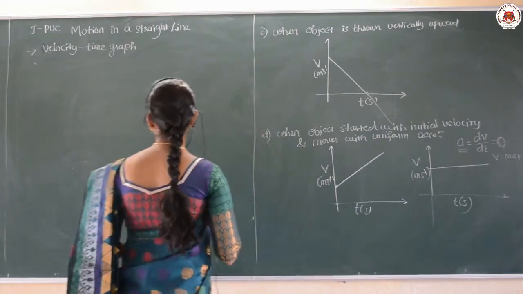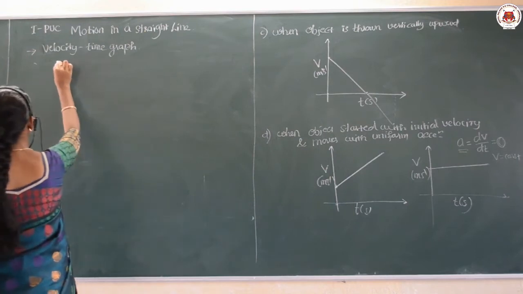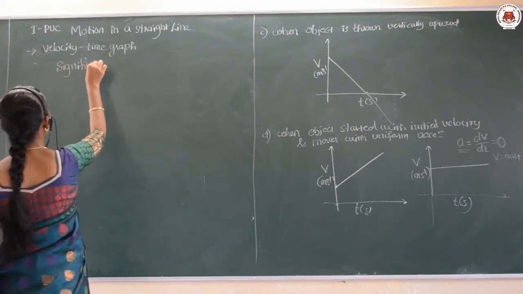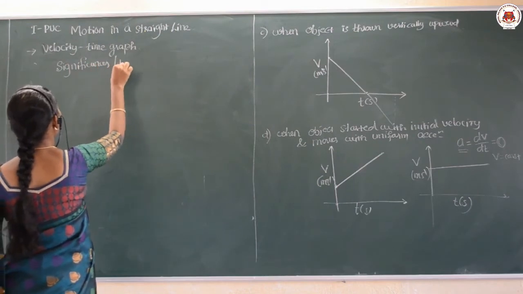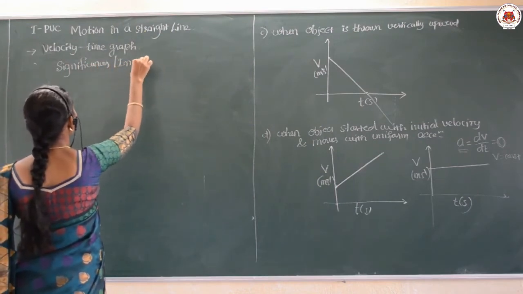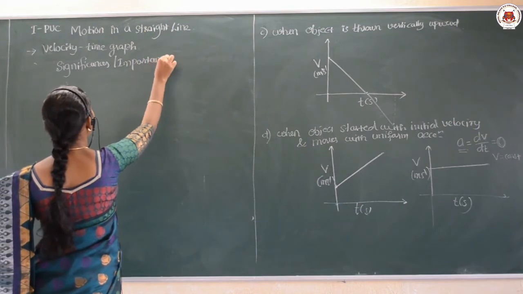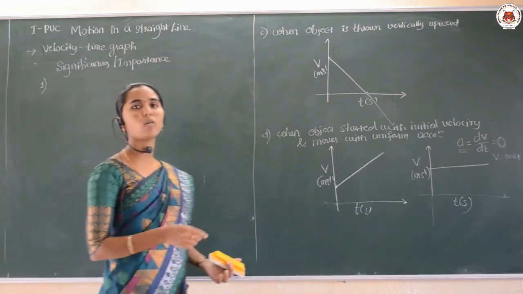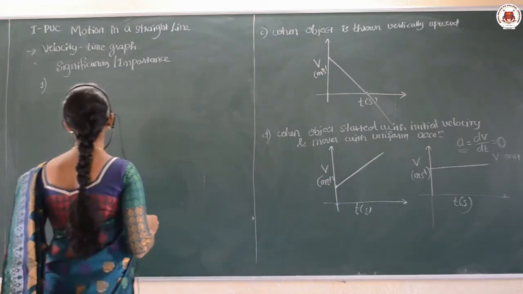Then see the significances or importance, right. The first was significance. What are you going to obtain here?